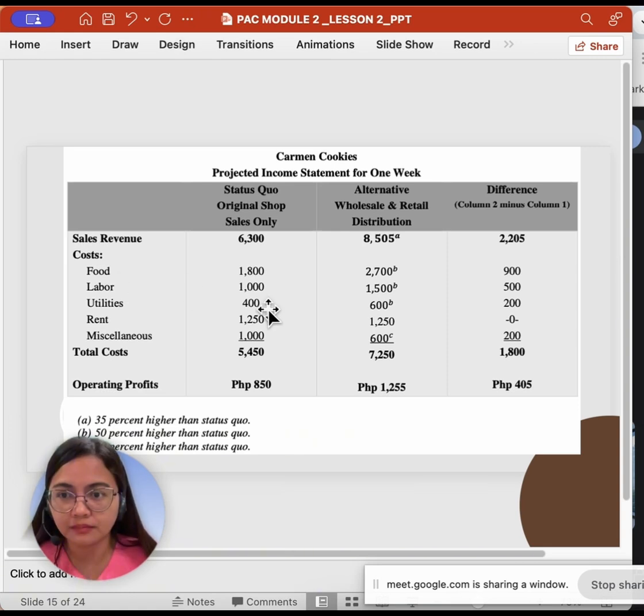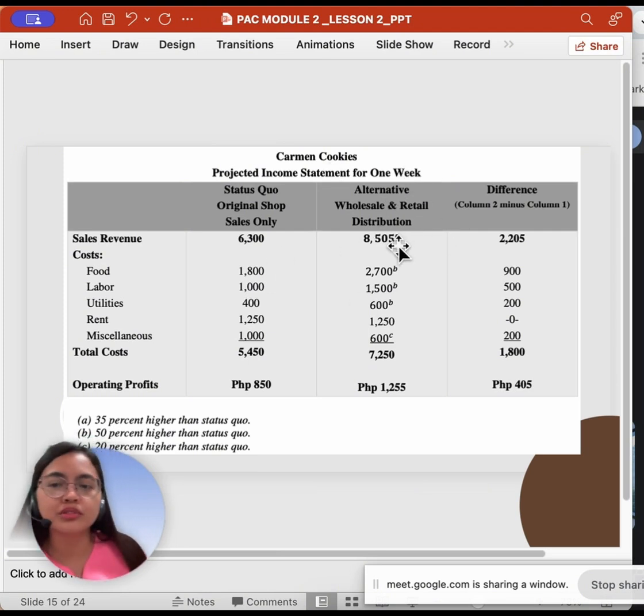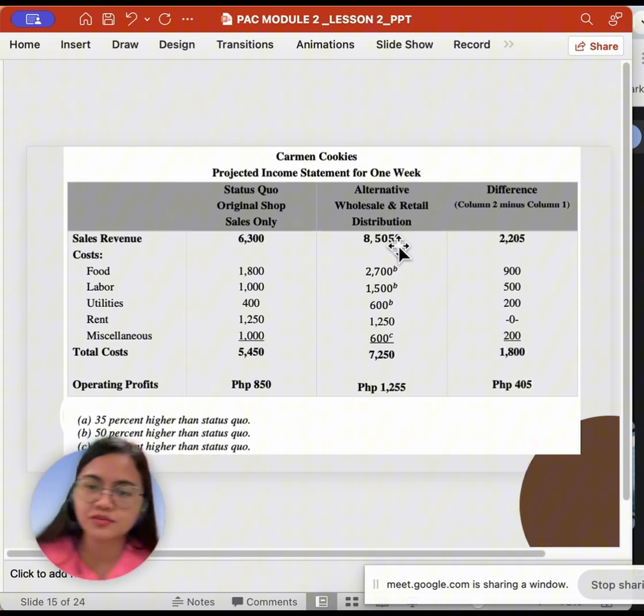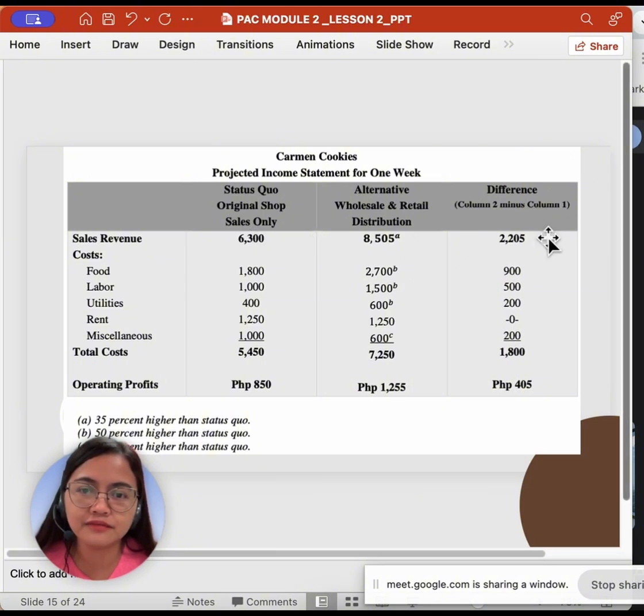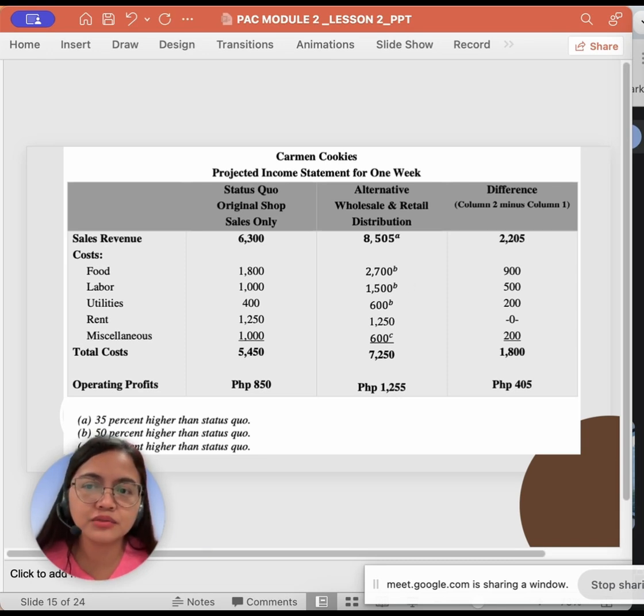So when Carmen Cookies sells directly in her shop, she gets sales revenue of 6,300. Alternatively, if Carmen Cookies sells through wholesale and retail distribution, she gets sales revenue of 8,505. The difference, 8,505 minus 6,300, would be 2,205. The implication is that if she goes wholesale, her revenue would be higher.